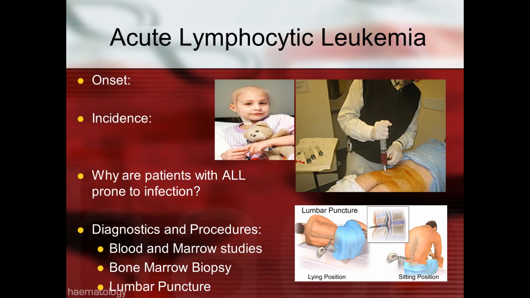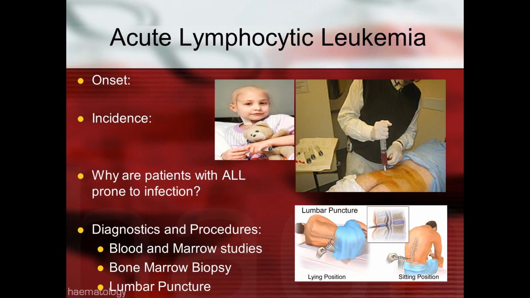Blood and bone marrow studies will be used to get a diagnosis of leukemia. A definitive diagnosis of acute leukemia is based on blood and bone marrow studies. It requires the demonstration of positive leukemic cells in the blood, the bone marrow, and the extramedullary tissue. They'll do a bone marrow biopsy to determine the molecular characteristics of the leukemia and the degree of bone marrow involved.